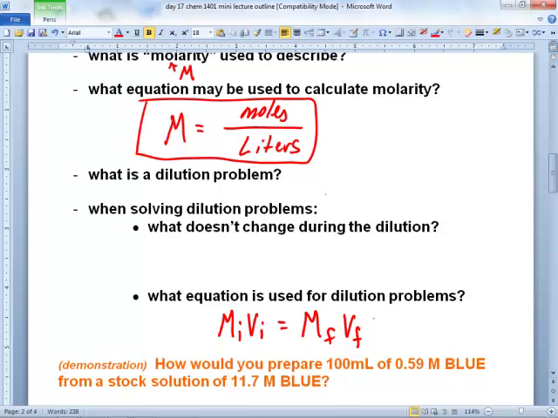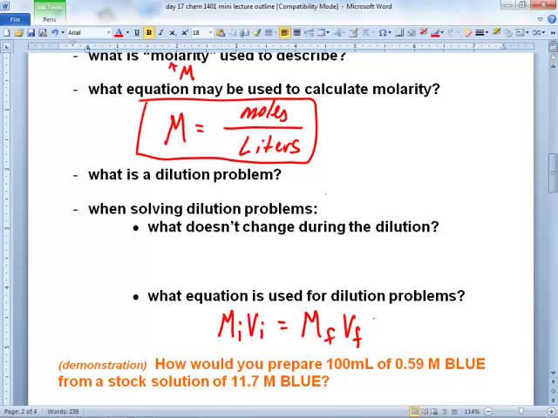So, what's your stock solution? This 11.7 molar, right? That is going to be my Mi. Mf is always going to be the smaller one. But notice if you interchange them, it really doesn't matter. You get algebraically the same answer. But logically, it makes more sense if you start out recognizing Mi is the stock.